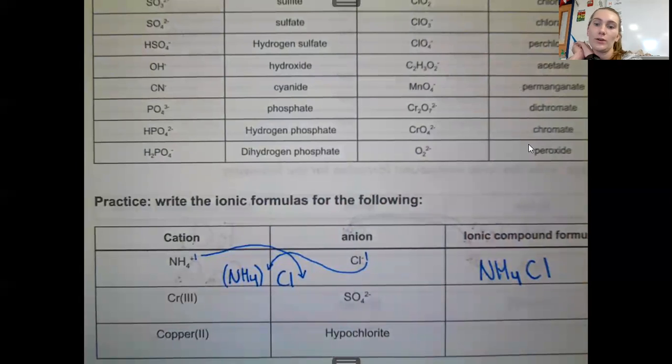You can see that I took away the parentheses just because it's not super necessary in the actual formula. It does become necessary if you have a subscript added to your polyatomic ion. I believe that the second example will explain that a little better.